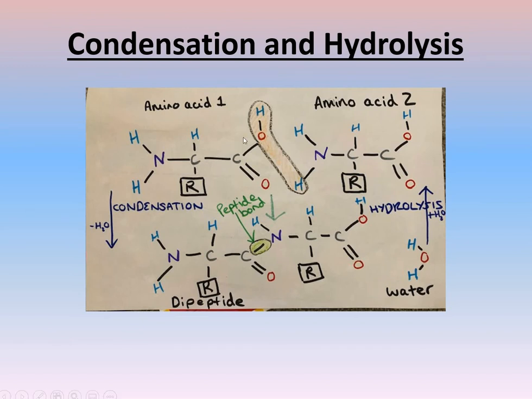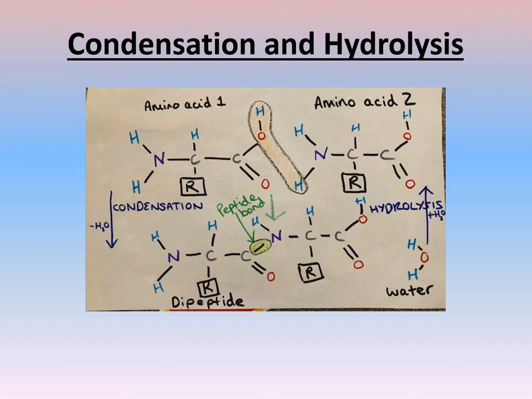So the OH from the carboxyl group of one amino acid, the H from the amine group of another amino acid, that forms a water molecule, and there is a peptide bond formed between the C and the N. Now if you wanted to split this dipeptide back into its single amino acids, you would do the opposite.